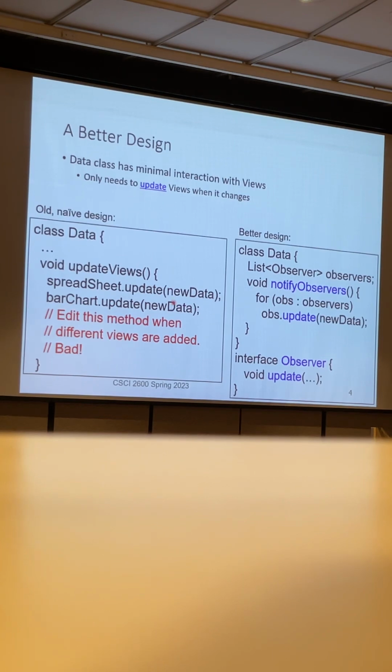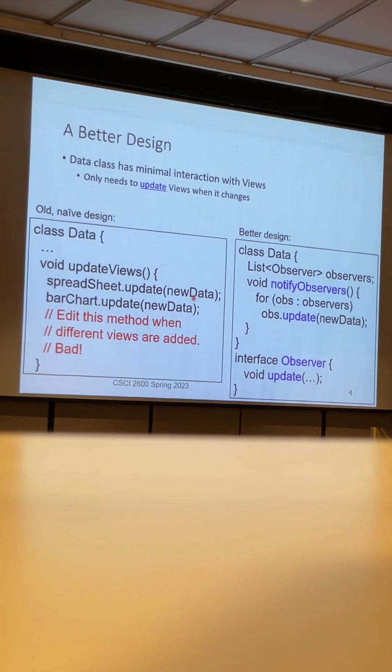This is how data, our model, would inform the views of the change. So for example, we received a new data point. Our graph got a new node. So it needs to let the views know so that views can visualize this new node.